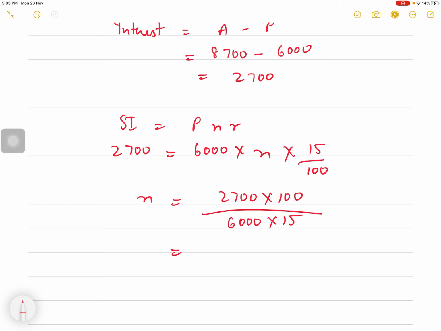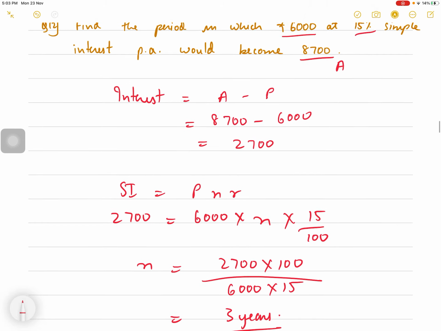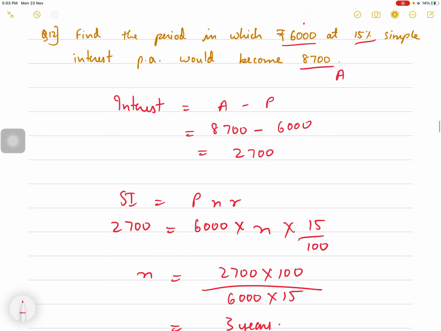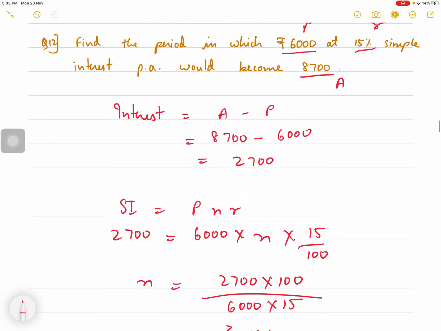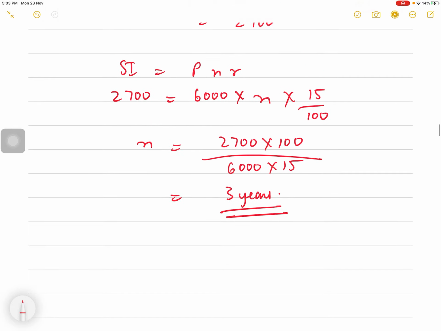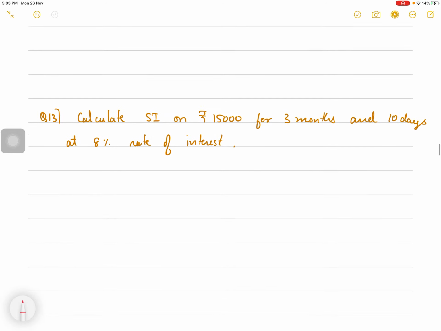When you calculate this, it comes to 3 years. Okay. I believe all are able to solve by their own. Please solve by your own.